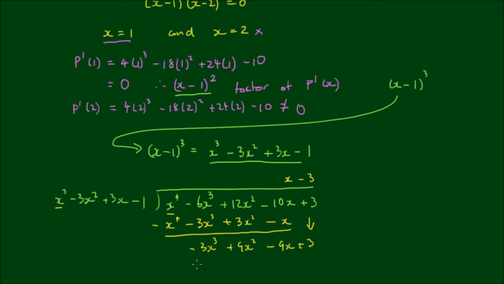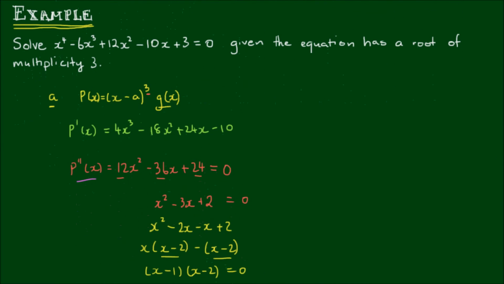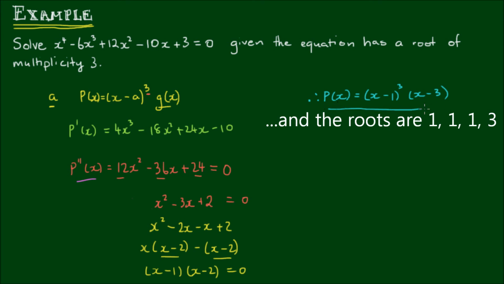So negative 3 times x cubed gives negative 3x cubed. Negative 3 times negative 3x squared gives positive 9x squared, minus 9x, positive 3, and of course the remainder then is equal to 0. So therefore p of x can be expressed as x minus 1 cubed by x minus 3. And if you expand this out, you'll find that it will be equal to this.